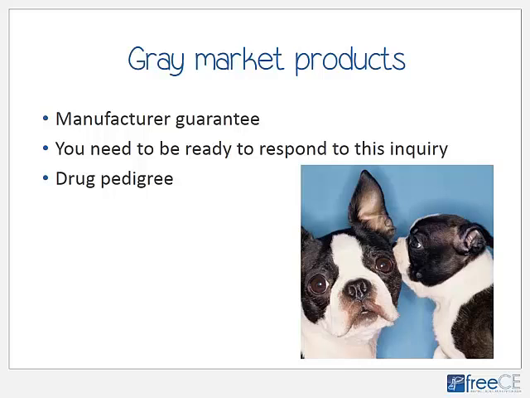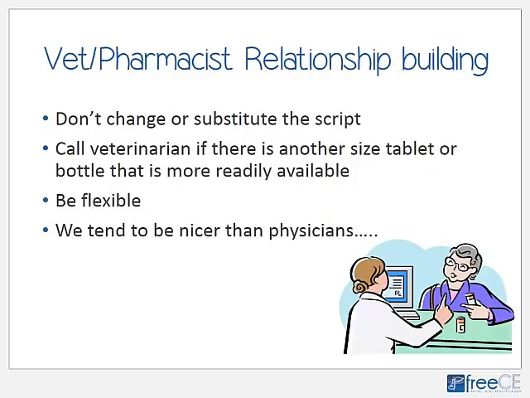Additionally, many of these products have rebates available, but only if you get the product from your veterinarian. The lack of a good drug pedigree is an issue and may make pharmacies susceptible to obtaining poor quality or adulterated products.